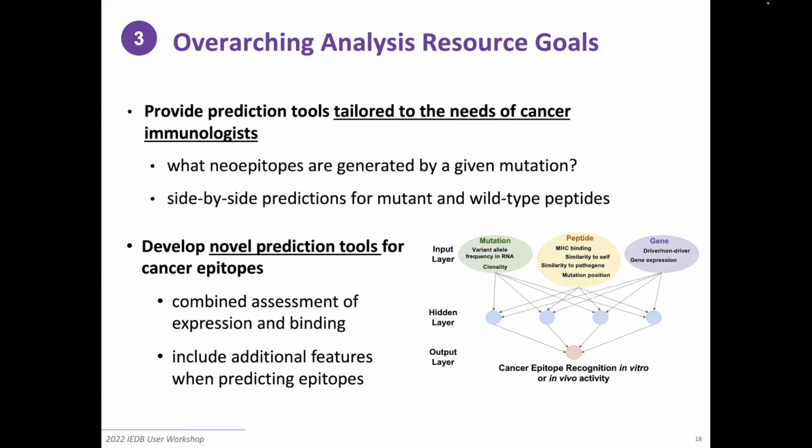And so they are not necessarily optimized for a cancer scientist community. And most importantly, also the training data was infectious disease data. And so there may be unique features that are associated with cancer epitopes.